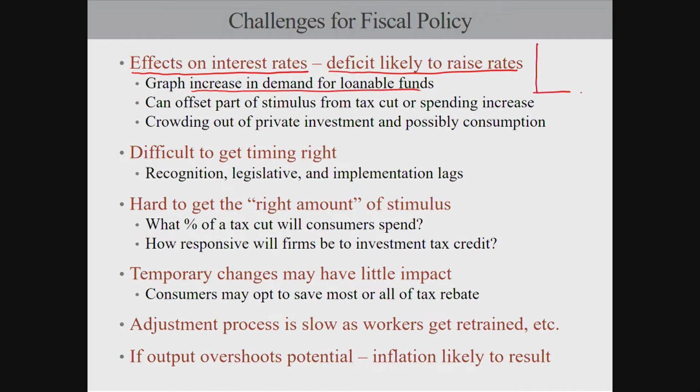You can think about the market for loanable funds here, with the interest rate serving as the price. We're initially, let's say, at this equilibrium right here with D0. This is the supply of loanable funds. And essentially, if the government starts borrowing more money, that represents a shift from D0 to D1 that is likely to raise interest rates. And this can offset part of the stimulus from a tax cut or a spending increase.